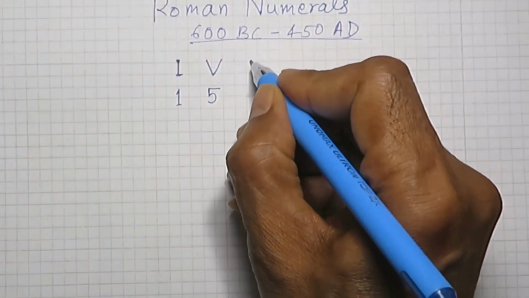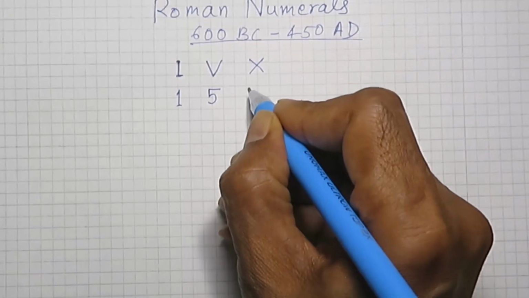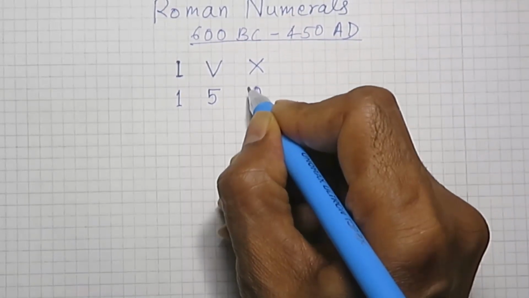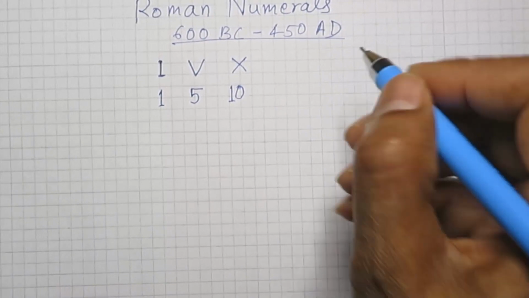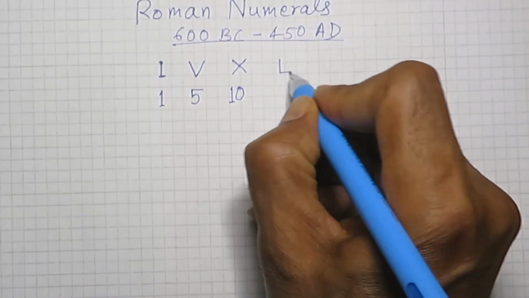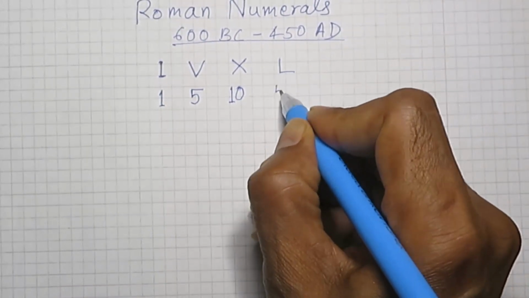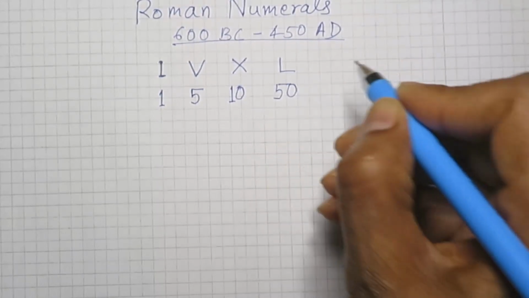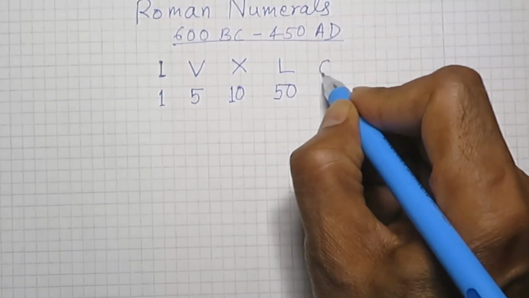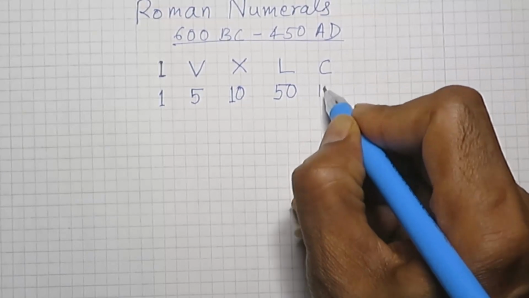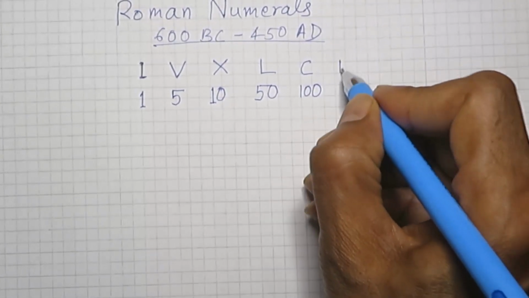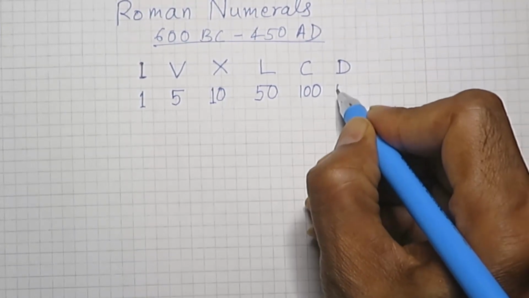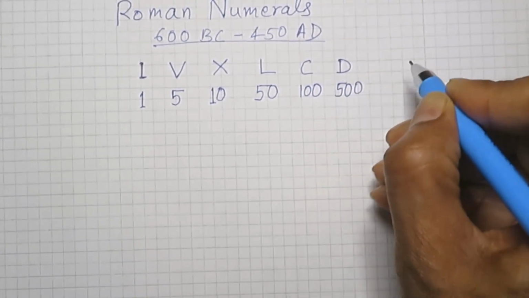Then X was for number 10. Then L was for number 50. C was for number 100. D was for number 500.